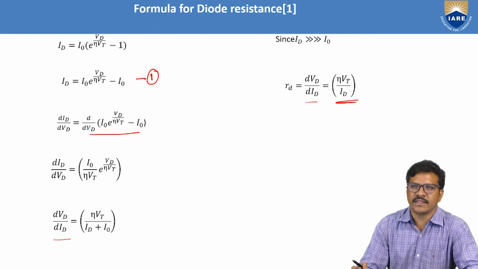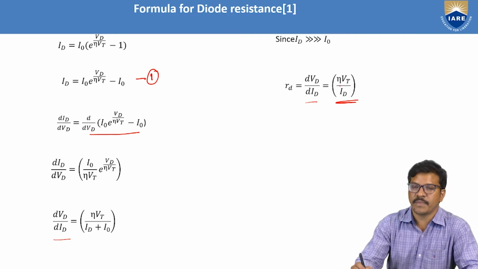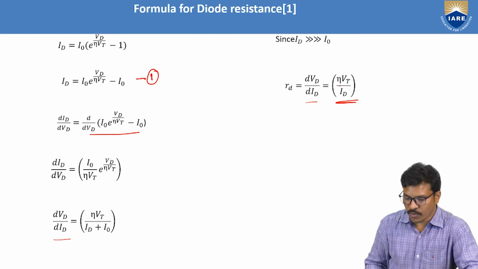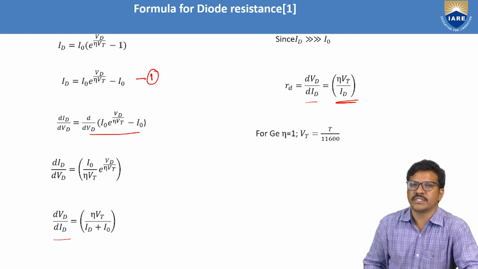By considering these three parameters, we get the dynamic resistance. Whatever the problem gives, with the diode forward current at a particular applied forward voltage, it asks what the dynamic resistance will be. Let us see a problem.